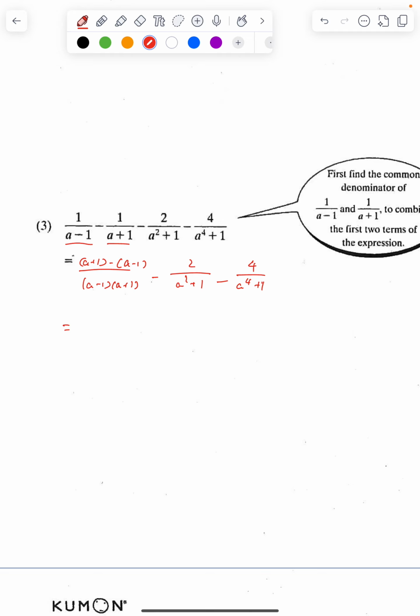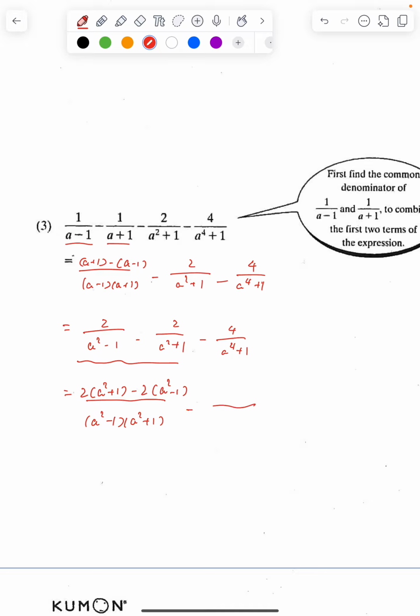Once that's done, on the top of the first one, you will have 2 over a squared minus 1 minus a squared plus 1, and minus 4 over a to the power of 4 plus 1. On the bottom, a squared minus 1, a squared plus 1, and then 2 times a squared plus 1 minus 2 times a squared minus 1 minus a to the power of 4 plus 1 over 4.